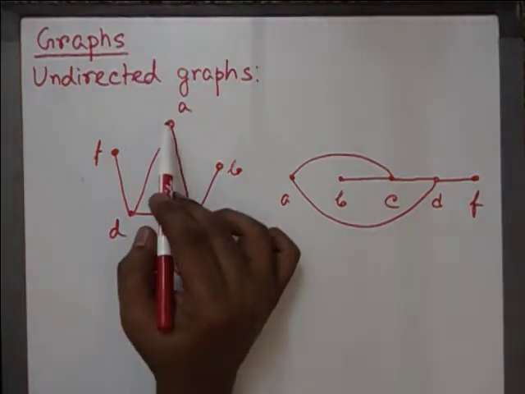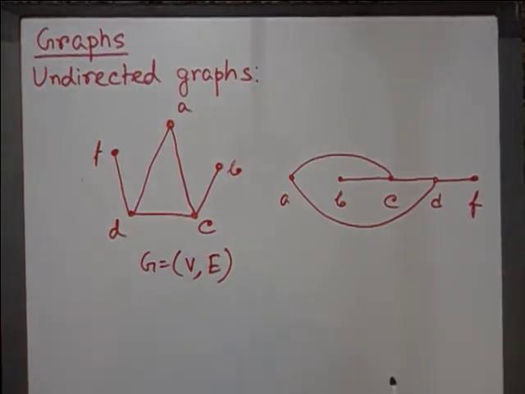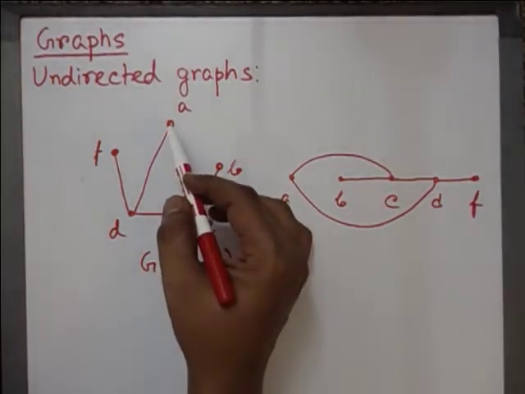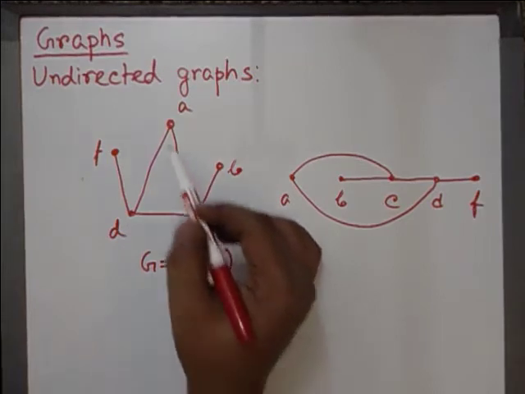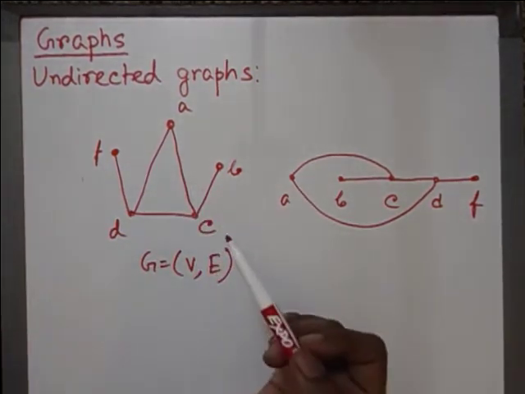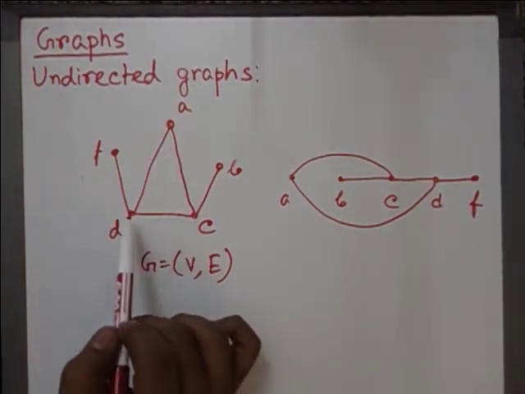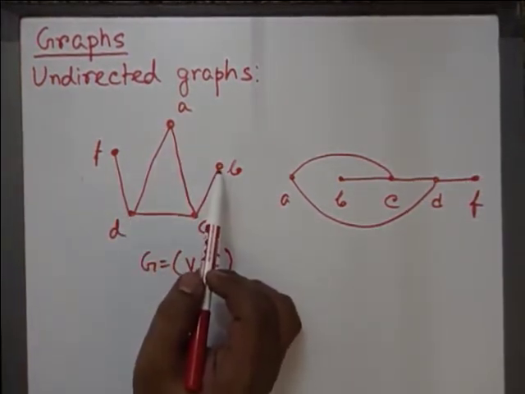Social networks. So each of these vertices can represent one account, and if these two accounts or these two people are friends, then you put an edge between them. So for Facebook, it's like A is friends with C and D but not friends with B.